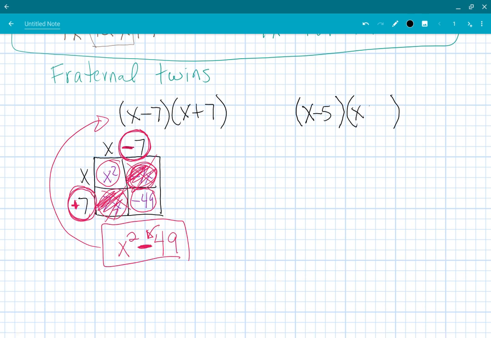It'll be x plus 5, right? Oh, x plus 5. Yeah, there we go. Now they're fraternal twins, right? So go ahead and try it out. You look at them, oh yeah, they're almost the same, but not. Boom. Done.